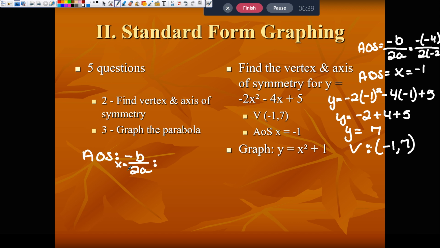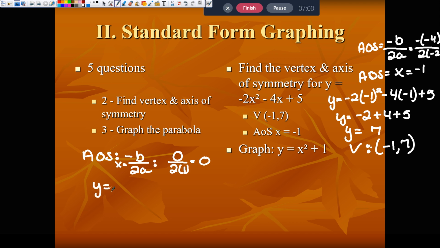So, my b is what? Here. Is there an x by itself? No x. So 0 over 2 times 1. So that would be 0. Okay, then I'm going to substitute that back into my equation to find my y for my vertex.